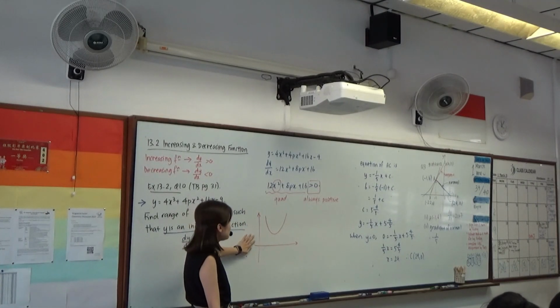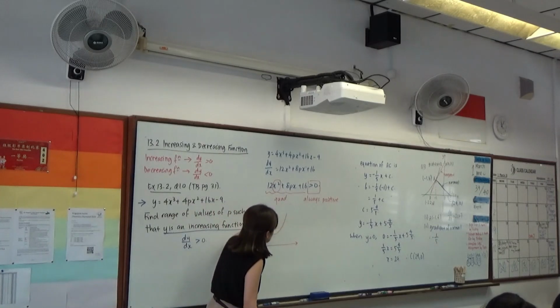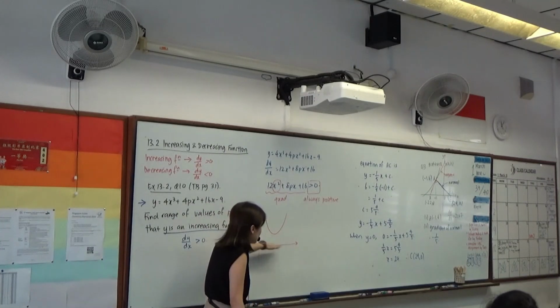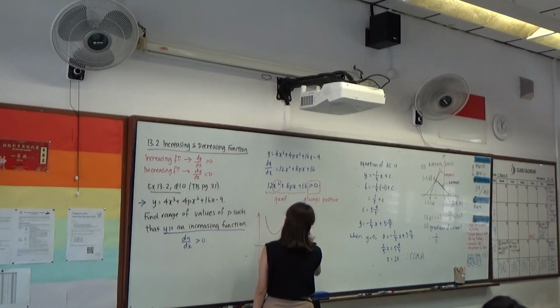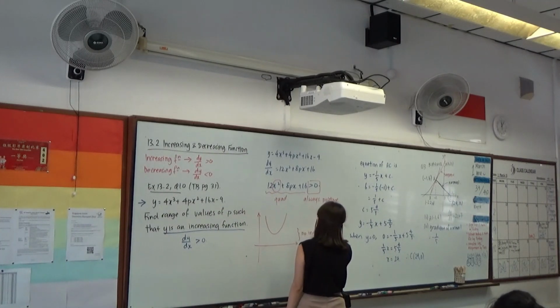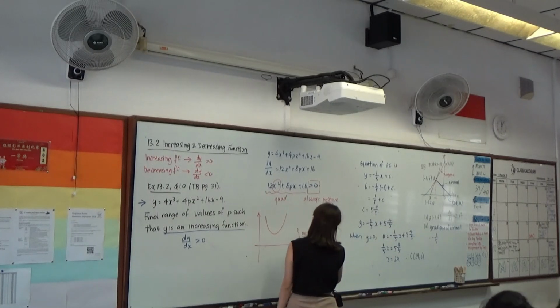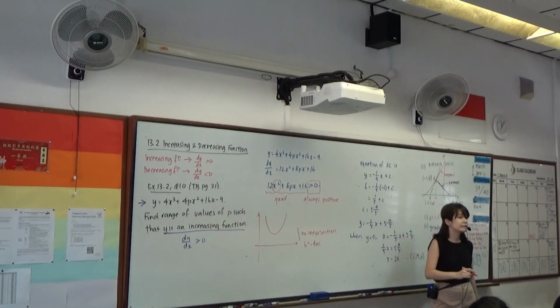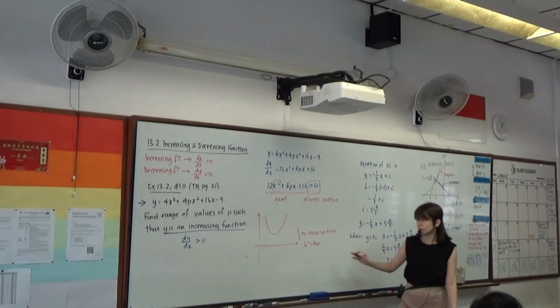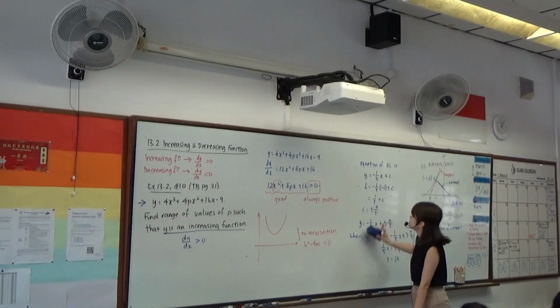Then we know that since the quadratic is always positive and doesn't intersect with the x-axis, our discriminant b squared minus 4ac will have to be what? Will have to be what? Less than 0.